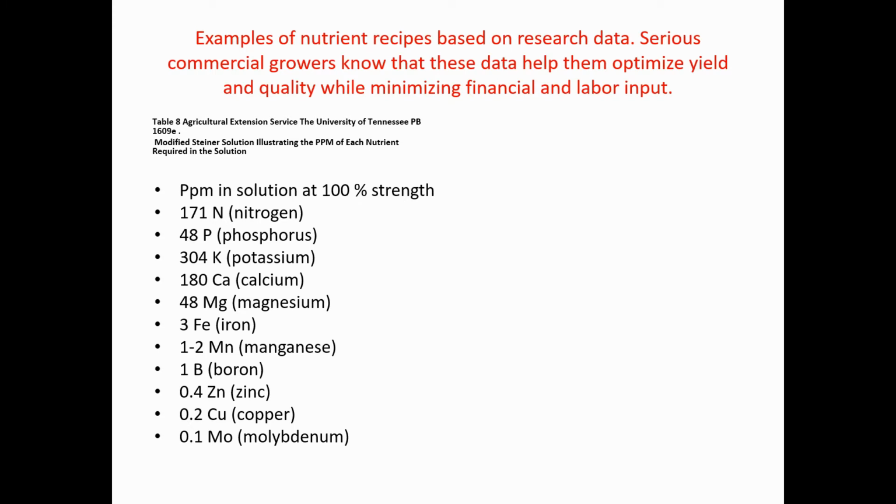But you can see from this that it's not simply throw a little bit of nitrogen in and then a handful of calcium and a pinch of boron and then a half a cup of phosphorus. It's very precise. These readings are all in PPMs or parts per million. 171 parts per million in nitrogen, 48 of phosphorus, and on down the line.